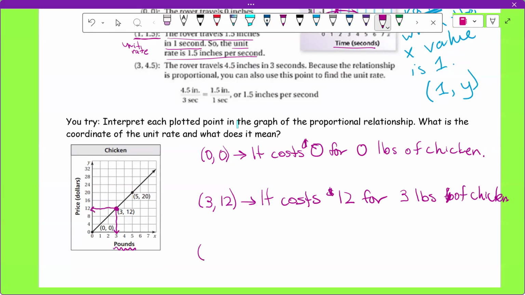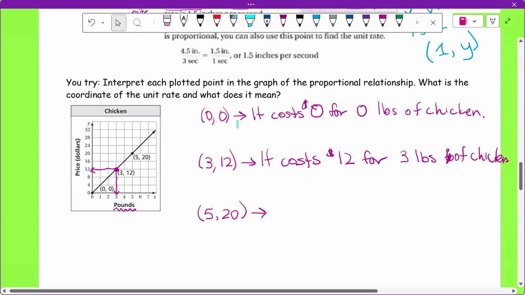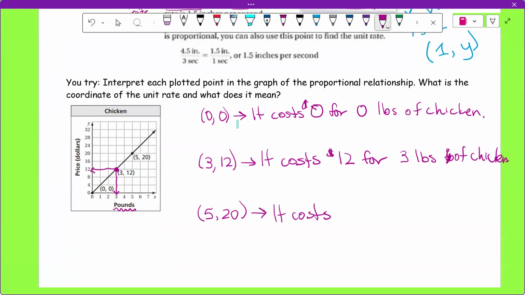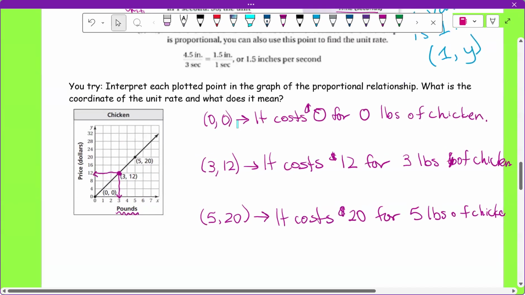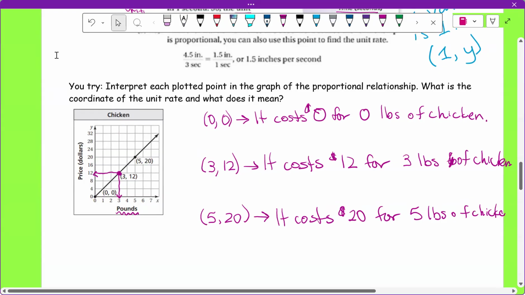What does 5, 20 mean? Good job. It costs $20 for 5 pounds of chicken. So we've now interpreted each plotted point, but we also have to figure out the coordinate of the unit rate.